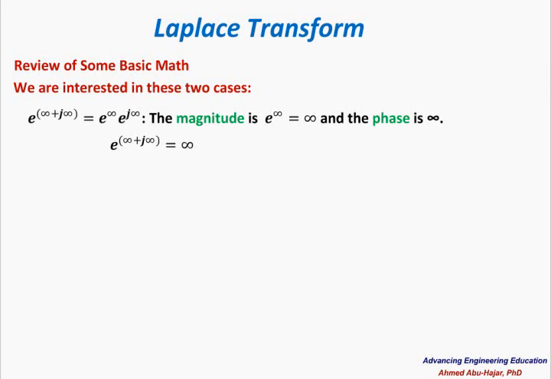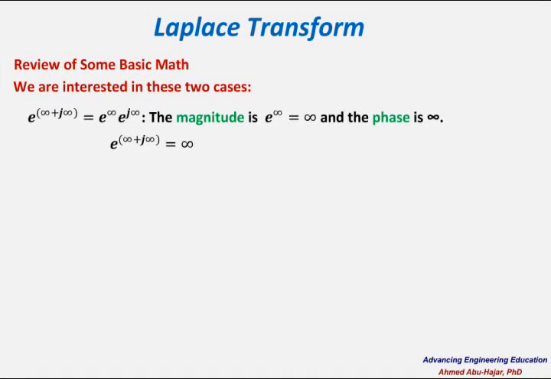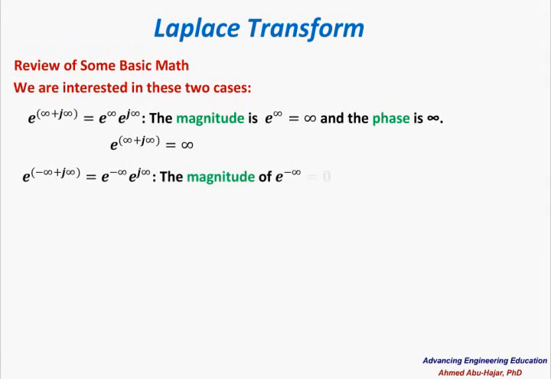The other case that we are interested in is e to the minus infinity plus j infinity. So when you break this number, you get e to the minus infinity times e to the j infinity. So again, this is a complex number. Its magnitude is e to the minus infinity, which is 0, and its phase is infinity.